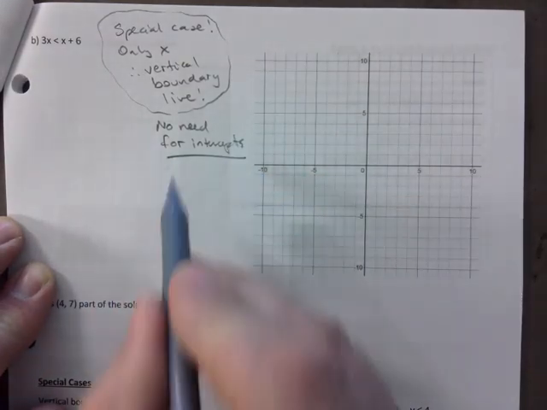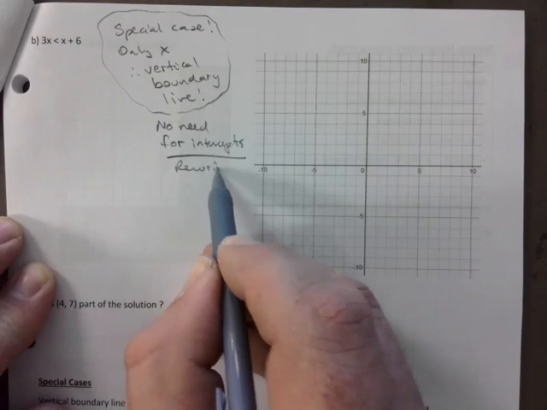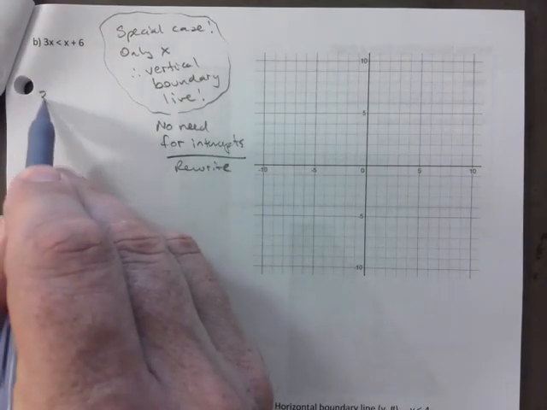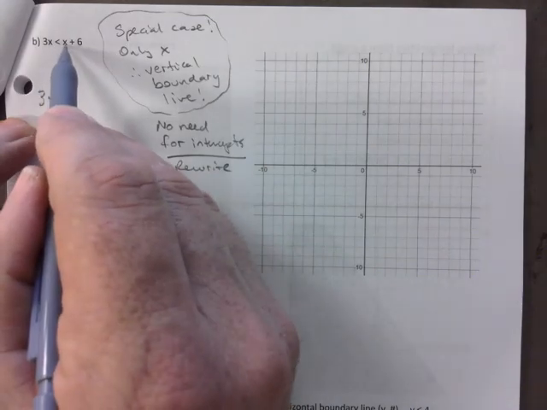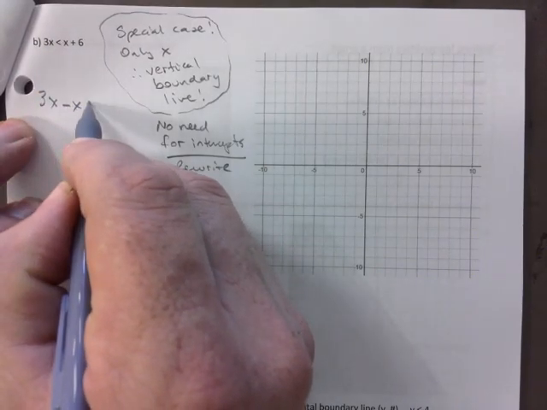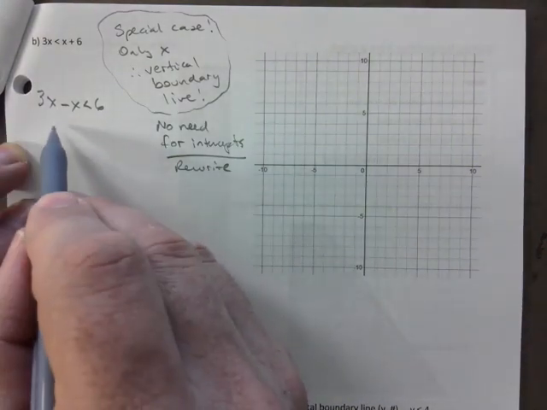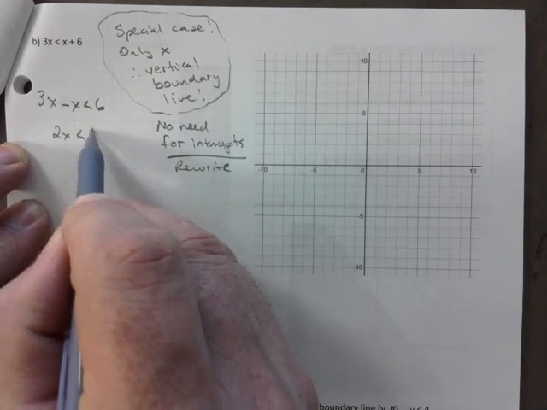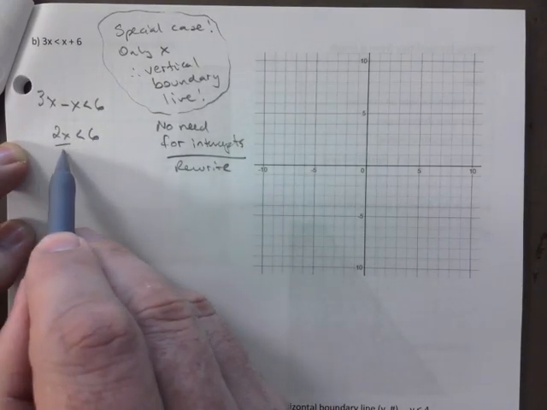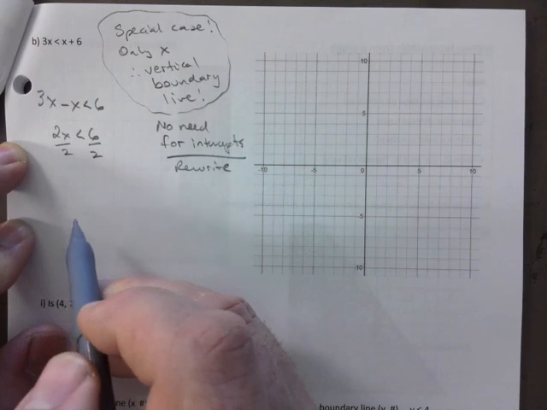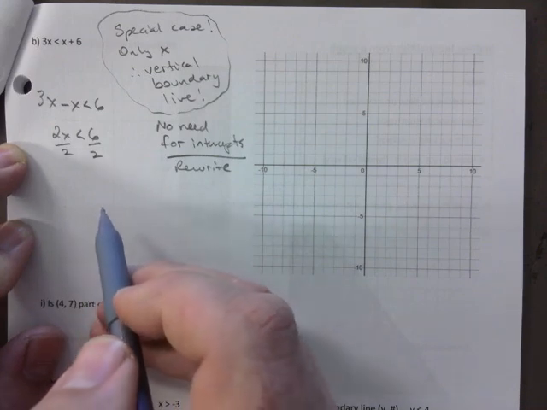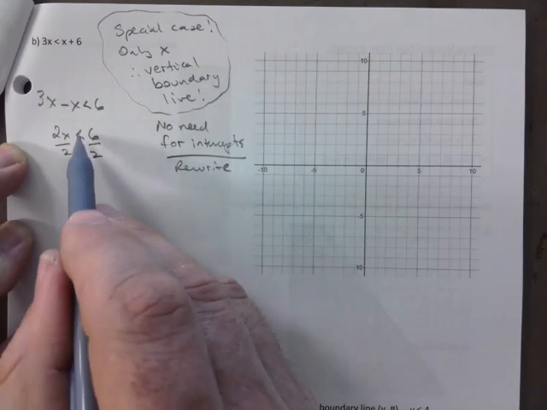You just rewrite. So we're going to take that, and I'm going to bring that x over to the other side. Okay. 3x minus x is 2x is less than 6. We divide both sides by 2. It's not a negative, right? We're not dividing by negative, so everything stays the same.